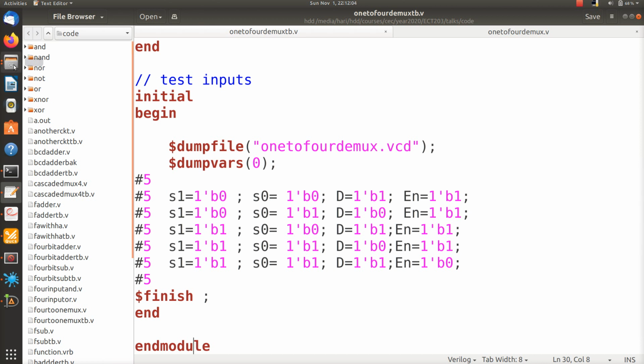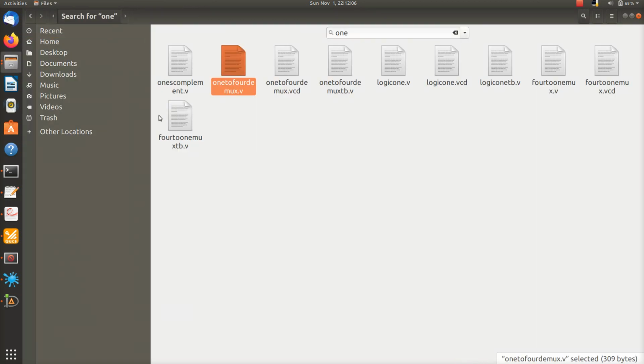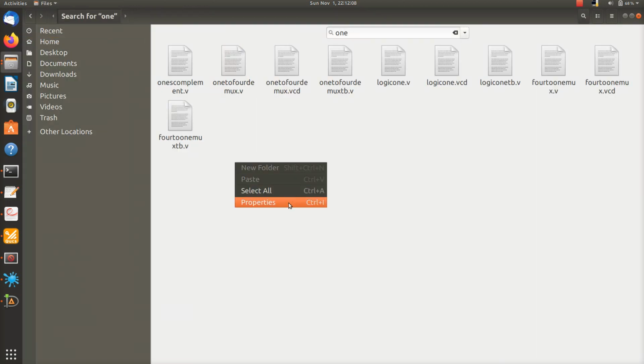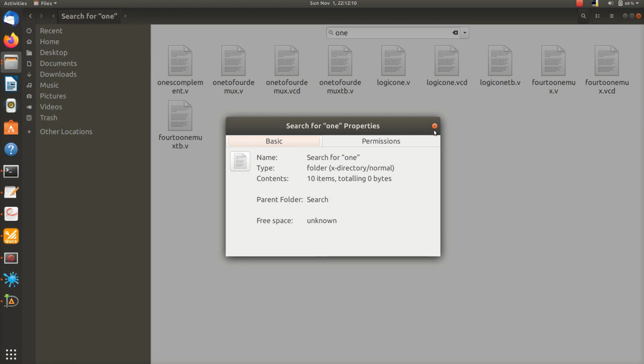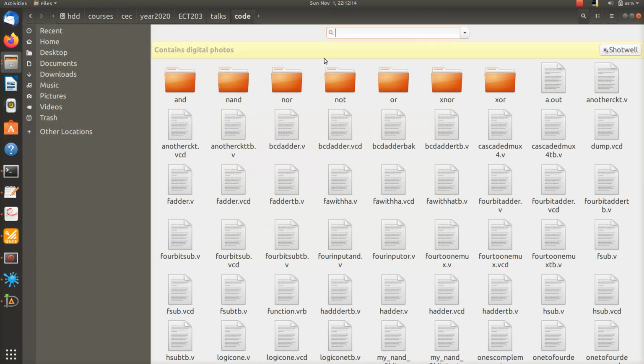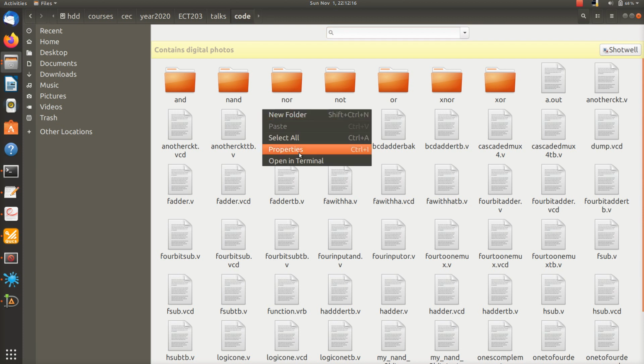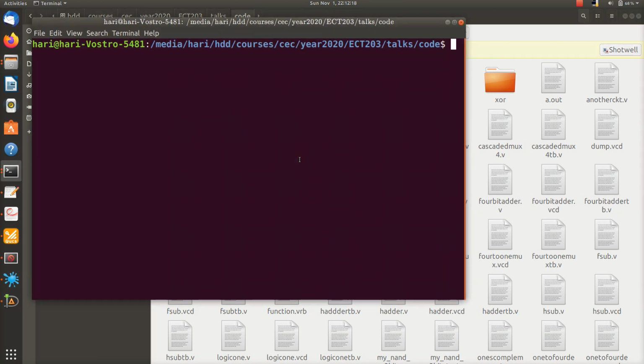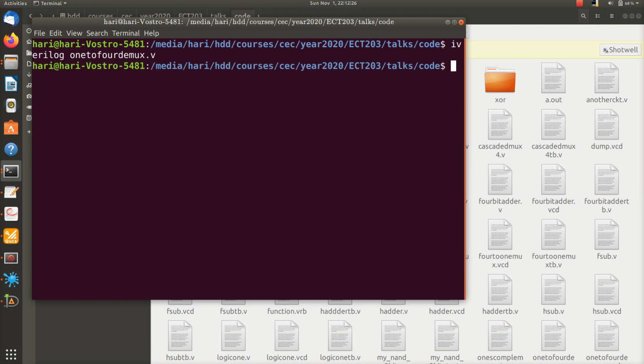Now I can verify this code by running it with iVerilog. I compile the device. Now the device and test bench are compiled without any problem.